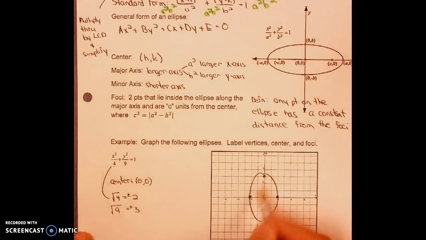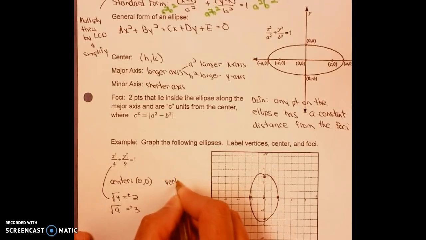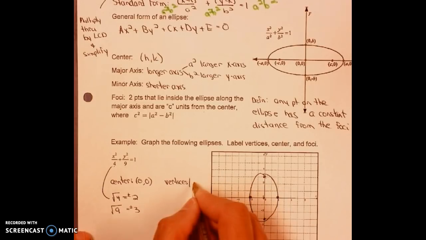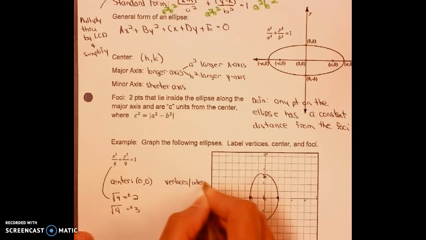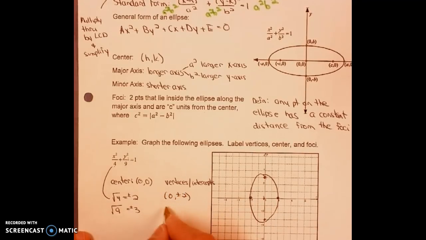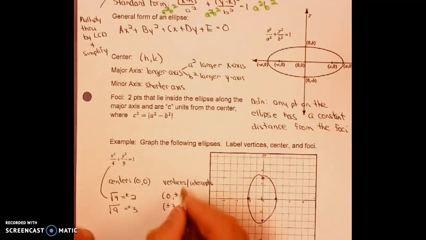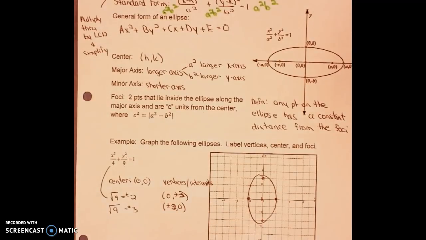The vertices are these points here. Let's put those down. Notice those vertices in this case are also intercepts. So we end up with 0 plus or minus 2, and plus or minus 3. I have that backwards. This should be a 3, and this one should be a 2.